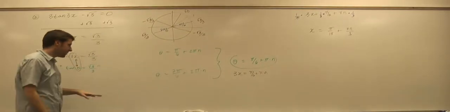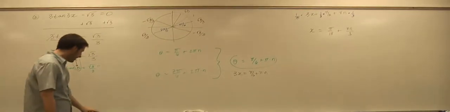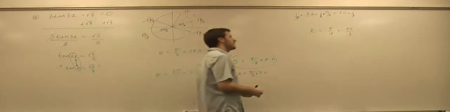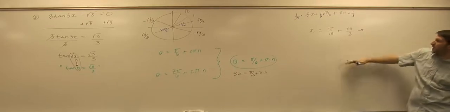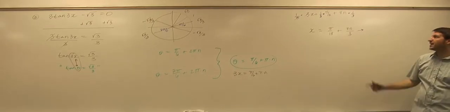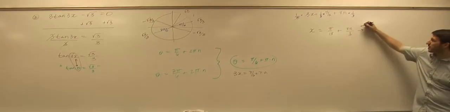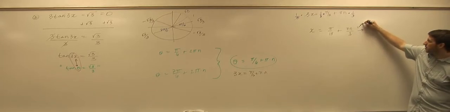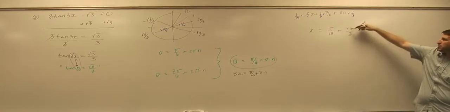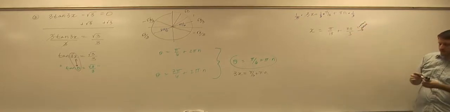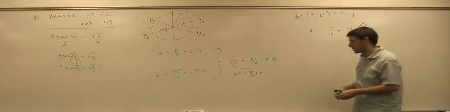One thing that might make your life a little easier as you plug in all these n values is the common denominator. Because I'm going to have to get a common denominator every time I plug in n, I might as well just get it right here. So to save myself a little bit of time, I can change these both to 18s by multiplying by 6 over 6.